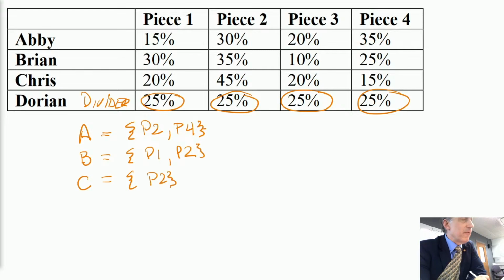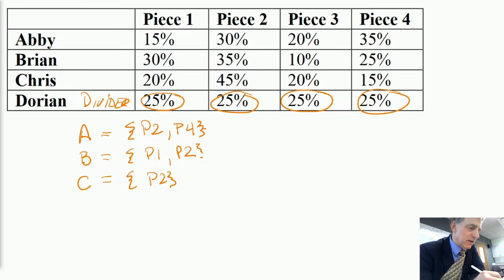Okay, so now let's see if we can come up with a division. I think we can with this one. The first thing is let's determine how many unwanted pieces there are. I think that piece 3 is the only unwanted piece. Is that right? Oh, yeah? Yeah, what do you say, Laura? Oh, I missed that. And so did whoever told me it was just, or maybe I just misheard.